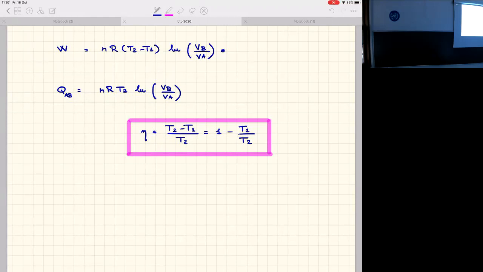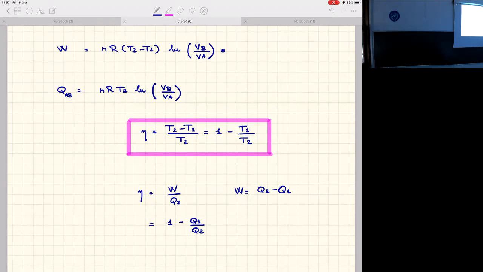Why? Because the efficiency is W divided by Q2. But W is equal to Q2 minus Q1, because of the first principle of thermodynamics, and this is equal to 1 minus Q1 over Q2 in general, right? And therefore, if I have an efficiency equal to 1, it means that Q1 is equal to 0.